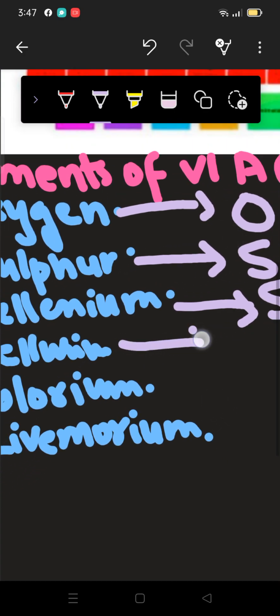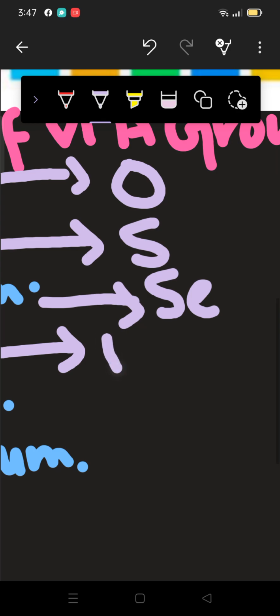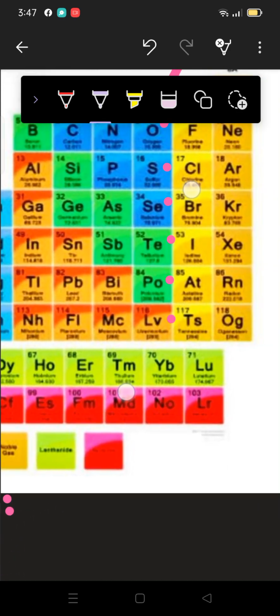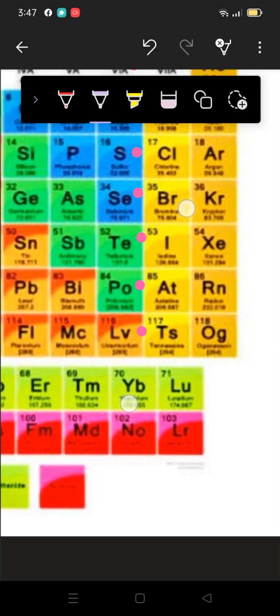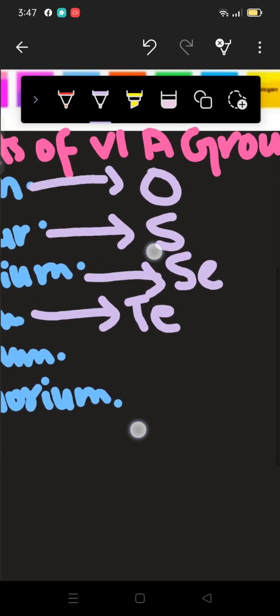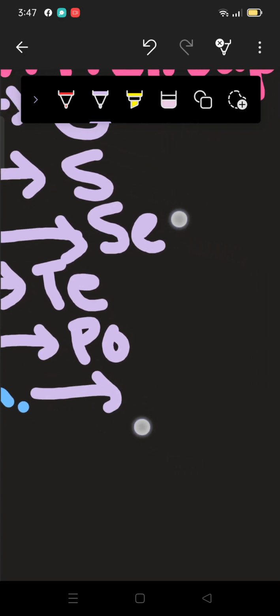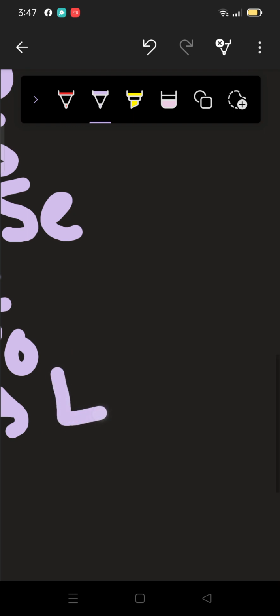Then we have tellurium, with the symbol capital T and small e. Then polonium has the symbol capital P and small o. Then livmorium has the symbol capital L and small v.